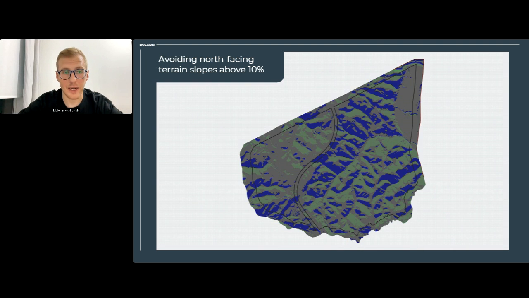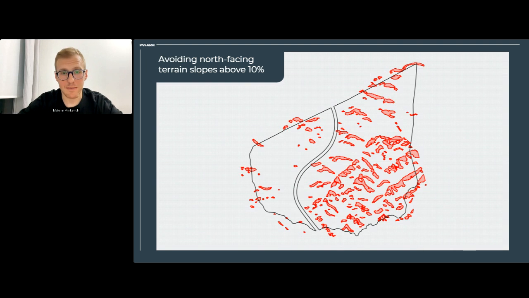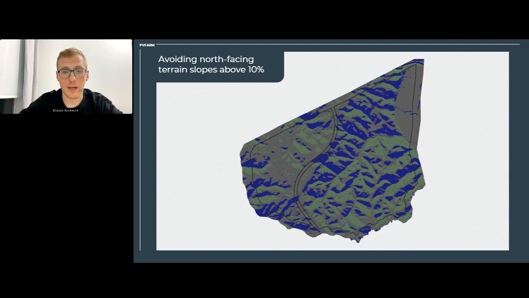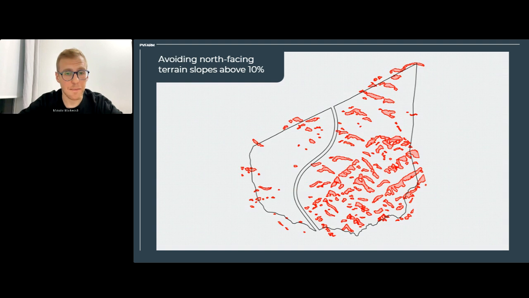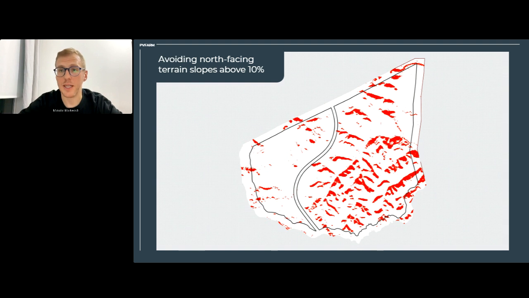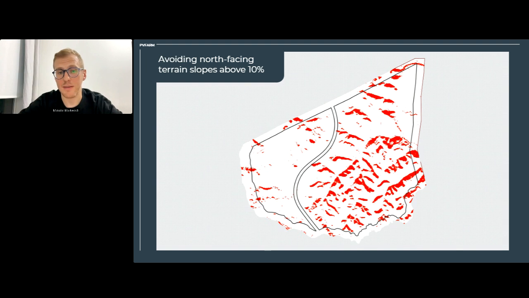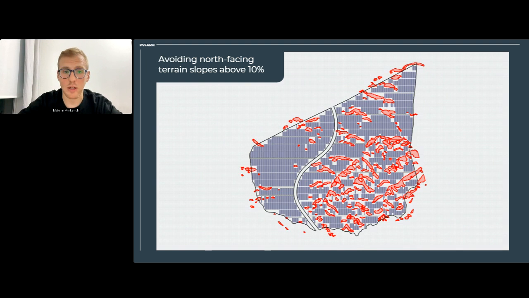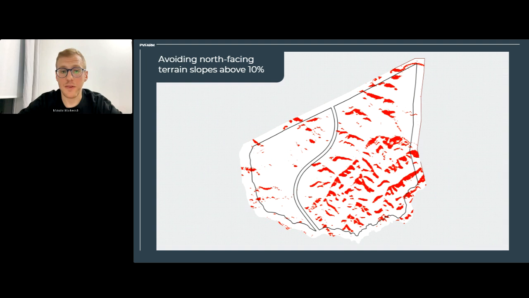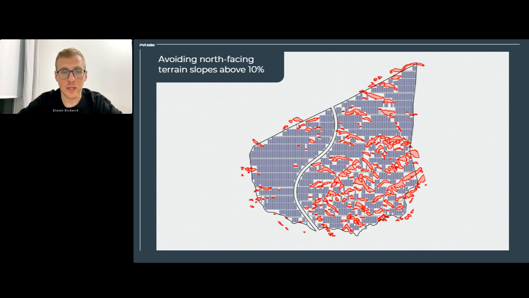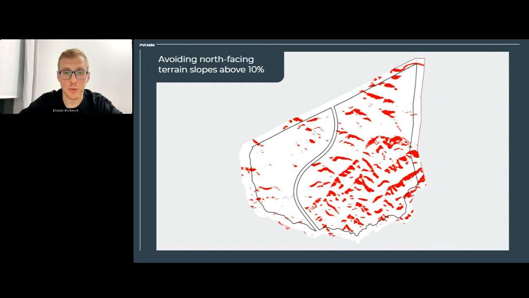Assuming that you have a tracker limitation like slope along axis of 10%, the piles will be longer than you expect, and it's going to be a different way to look at this problem.